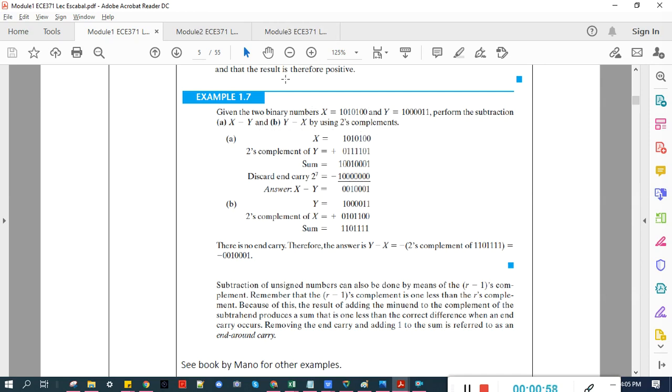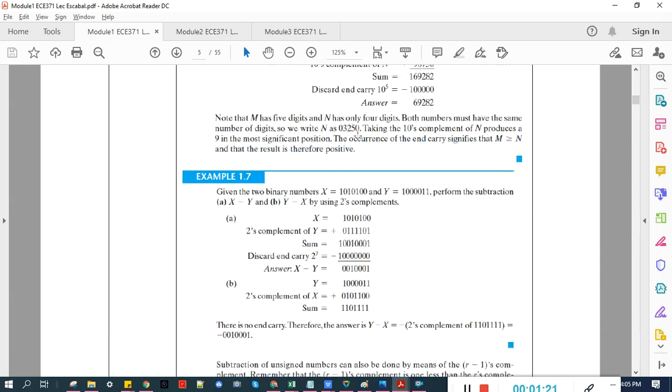So we are in the binary system and we are given the task to subtract binary number y from binary number x and vice versa using 2's complement.